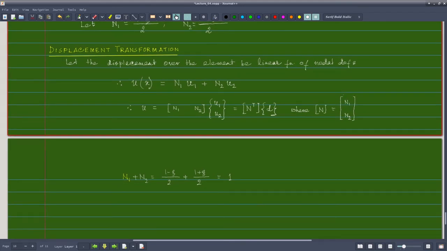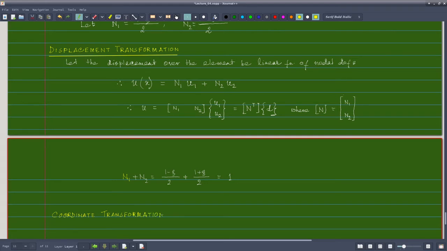Now similarly I can do coordinate transformation. So let us do that. So coordinate transformation.